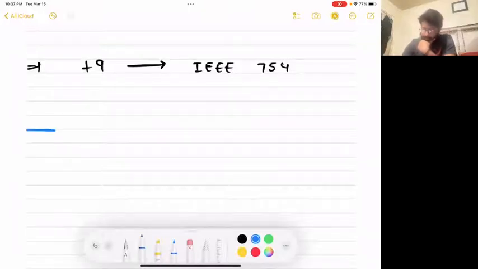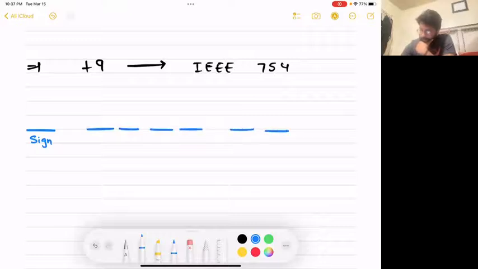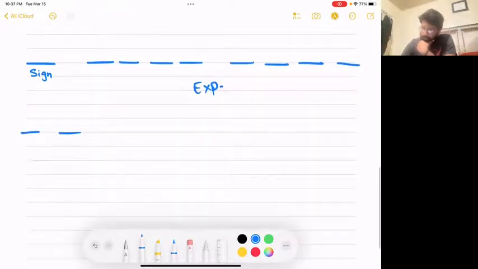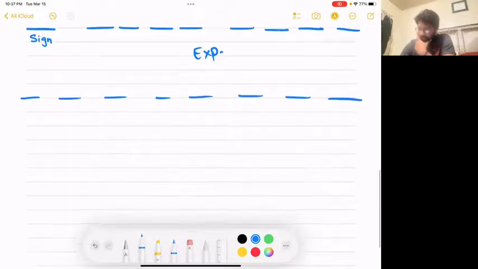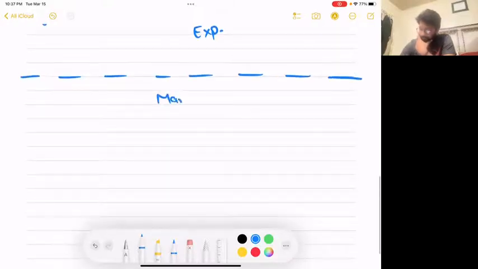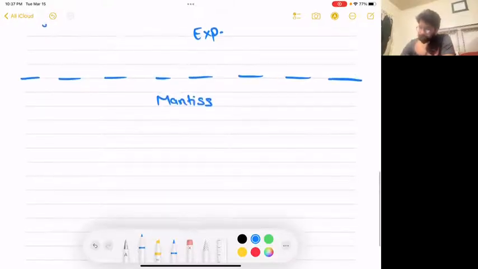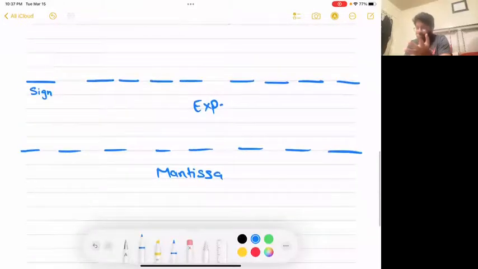We know we have one sign bit, and then the exponent bits, then the mantissa. So we will solve them one by one.